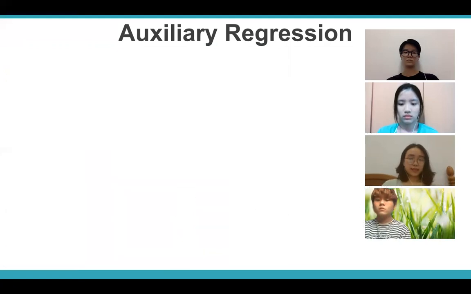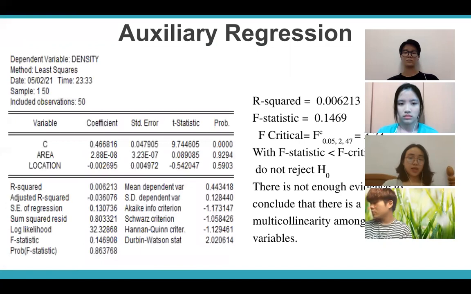For building density, the F statistic is equal to 0.1469, and the F critical at the 5% level of significance is 3.23. Then, with the F statistic smaller than the F critical, we do not reject H0. Therefore, we can conclude that our model does not have multicollinearity.